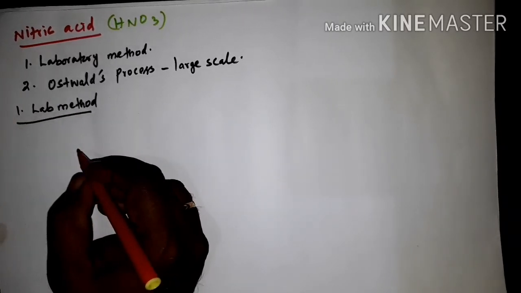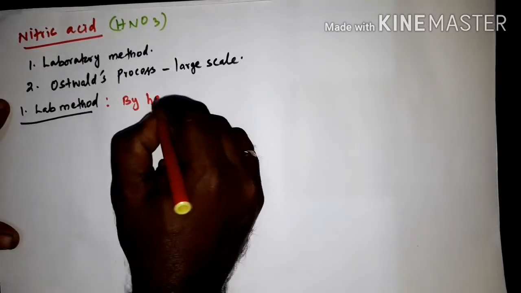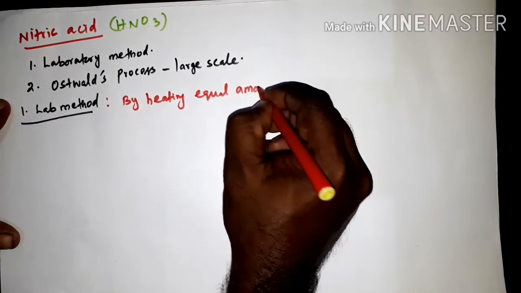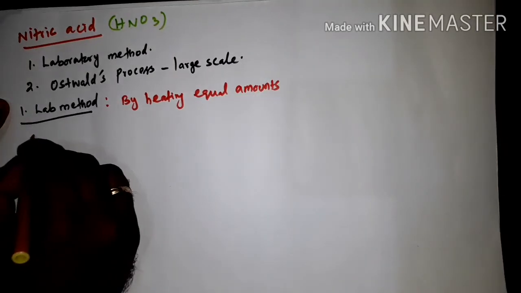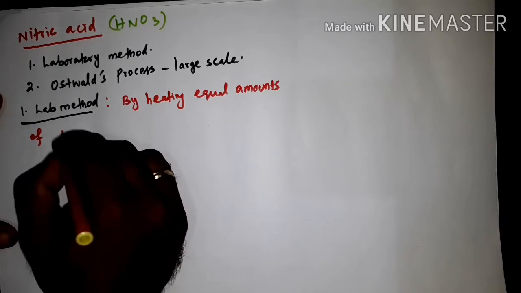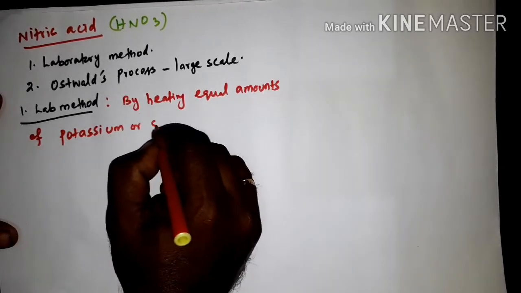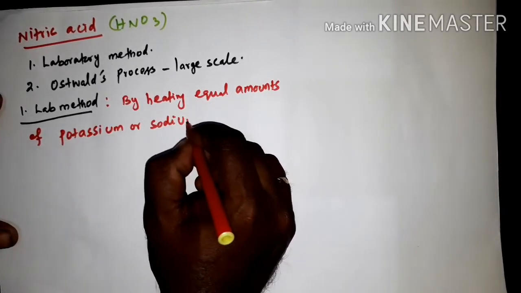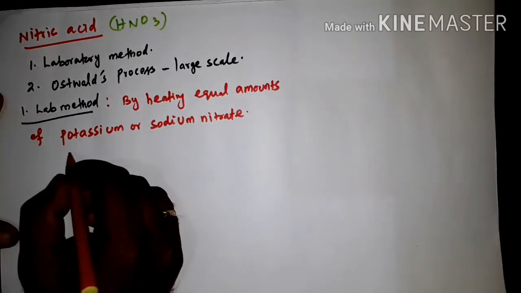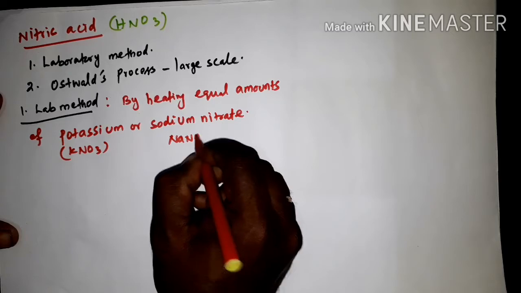So nitric acid can be prepared by heating equal amounts of potassium or sodium nitrate. The formula of potassium nitrate is KNO3, here NaNO3.